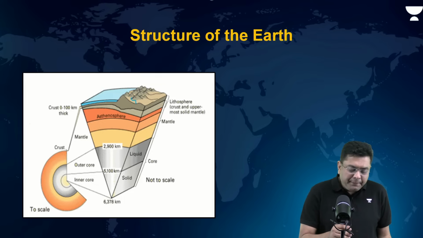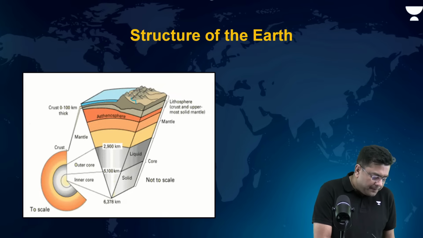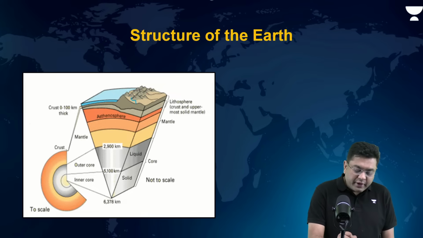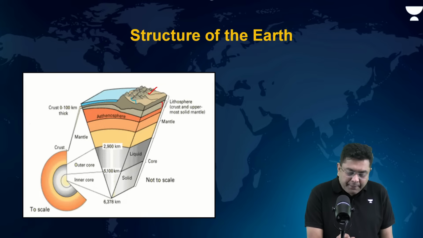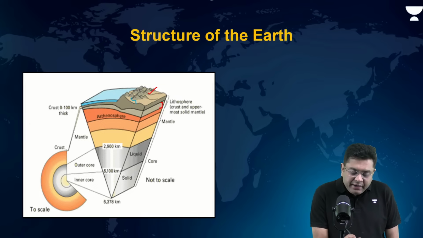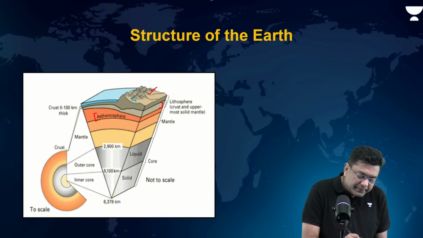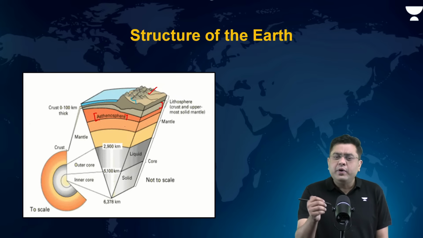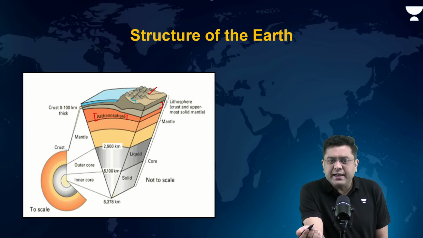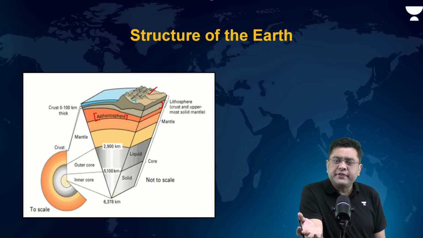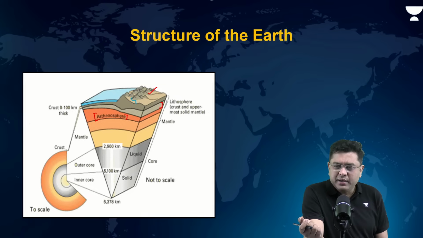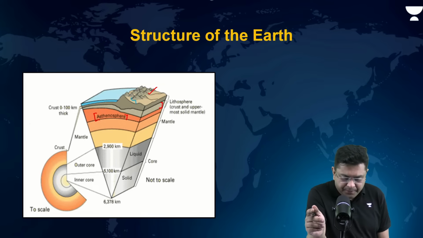A quick recap: crust, the lightest portion, then the solid portion of upper mantle. Then, within the upper mantle itself, there is the asthenosphere. Now, in case you are getting confused that in asthenosphere you are saying upper portion of mantle, and in lithosphere also you are saying upper portion of mantle, which is correct? Please understand one thing.